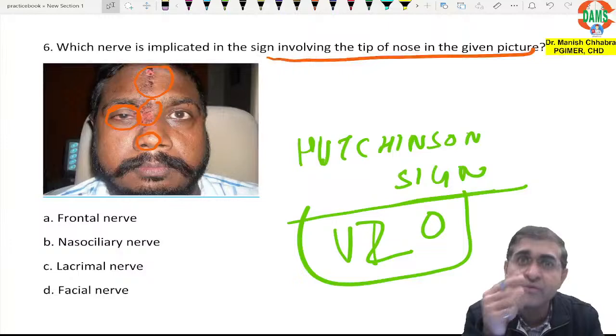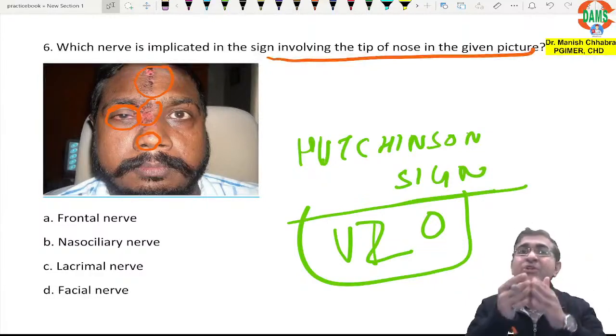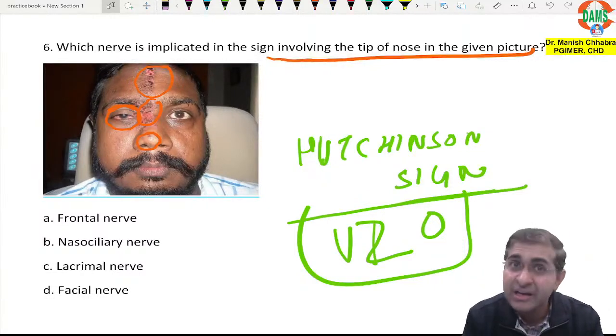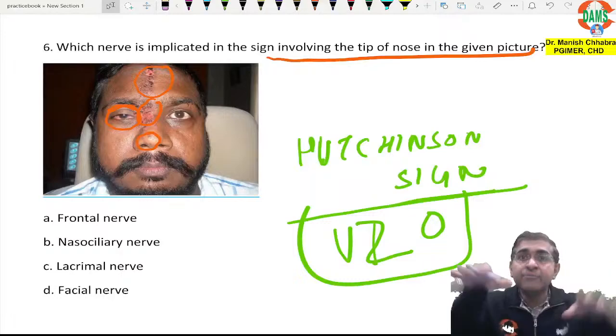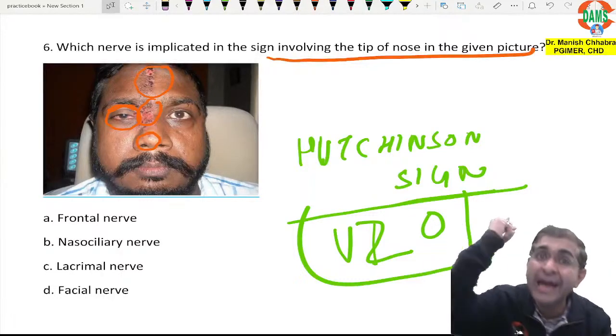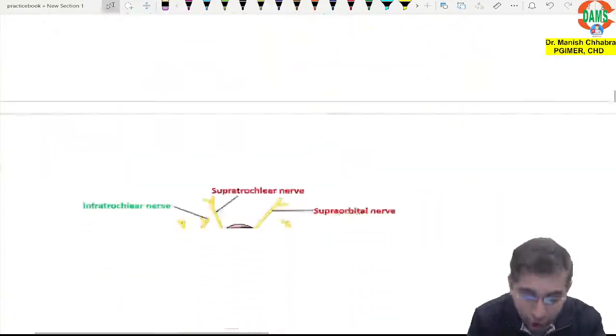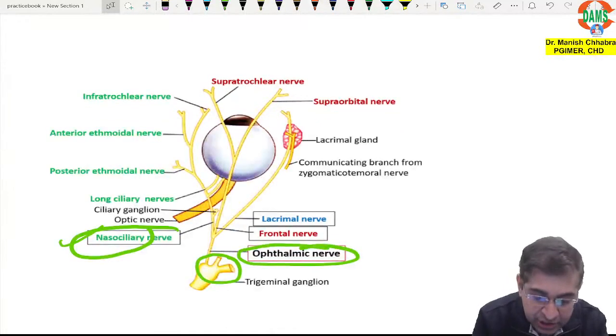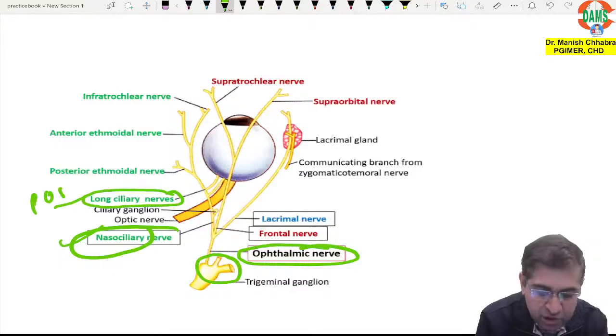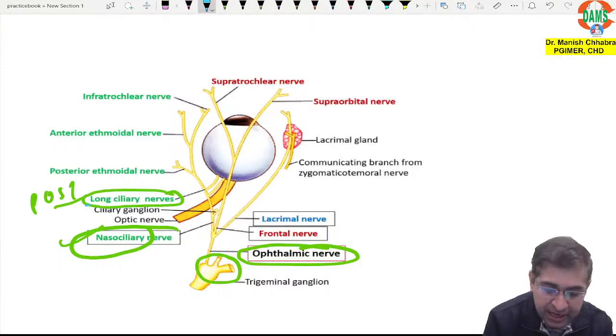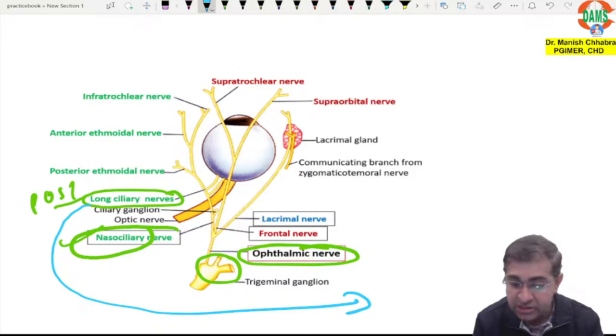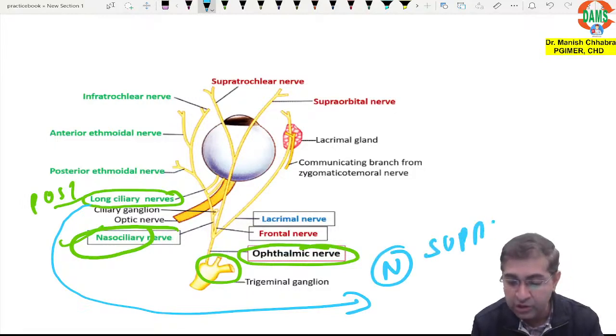So if the virus has entered into the nasociliary nerve, of course it is also going to enter the cornea, because the nasociliary nerve has another branch which is the long posterior ciliary nerve. Can you see this long ciliary nerve? What is the relevance? This nerve is actually forming the nerve supply of the cornea.